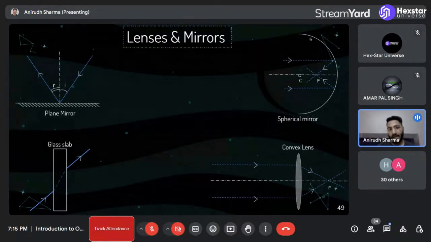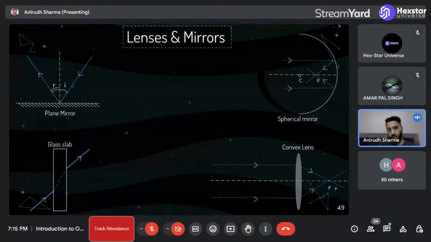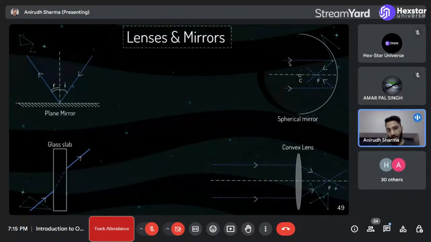So we assume that a curved or spherical mirror is basically similar to an array of multiple, very small plane mirrors. After doing that, based on where the incident ray is hitting it, we calculate where the reflected ray will be, drawing a normal there.